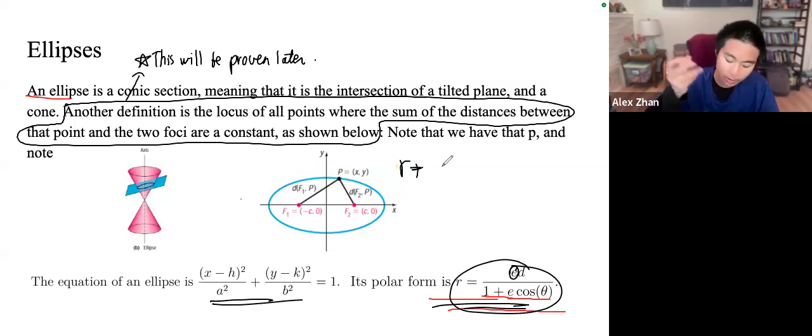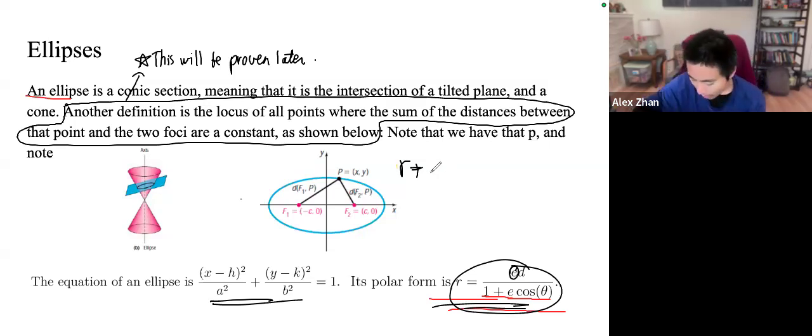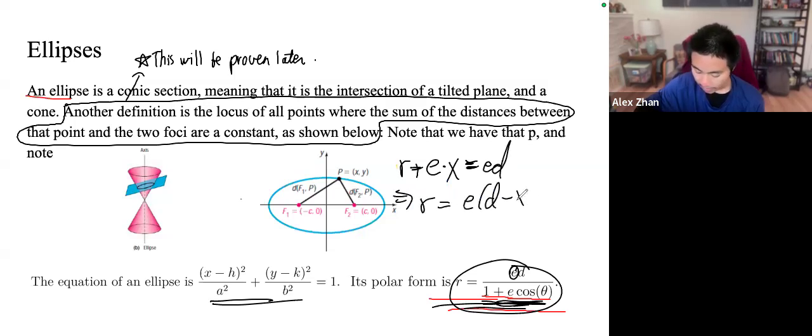It basically tells you how curved it is and in which direction. If you first multiply by 1 plus e cosine theta on both sides, this becomes r plus e times r times cosine theta. R times cosine theta is just x, and this is equal to ed. Then r is equal to e times (d minus x).